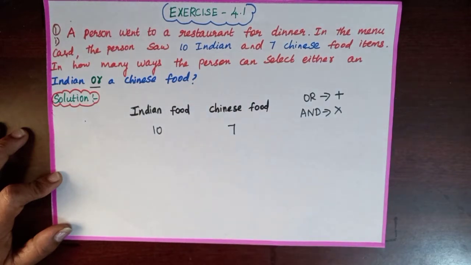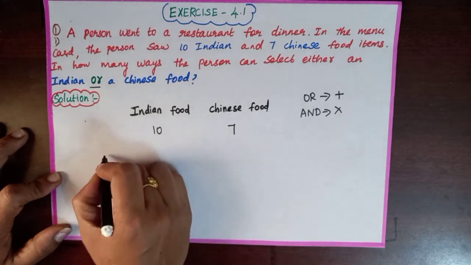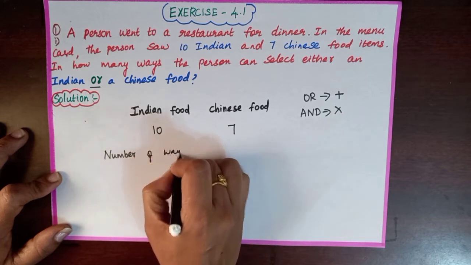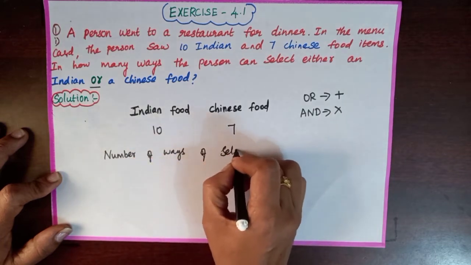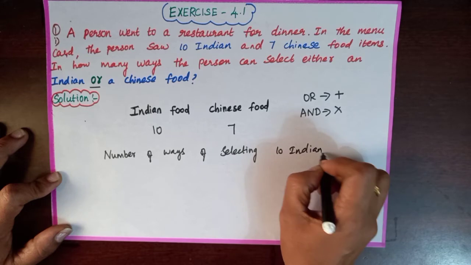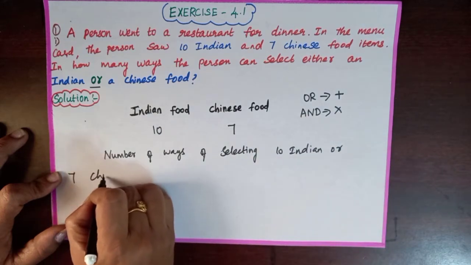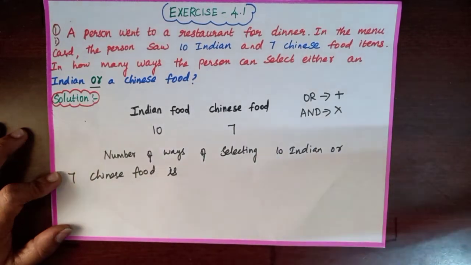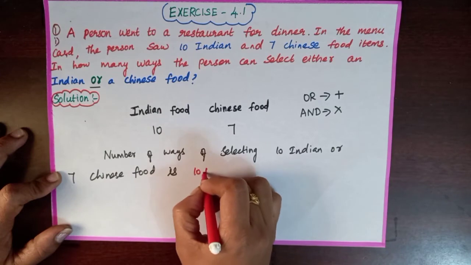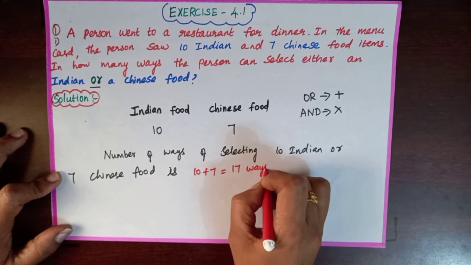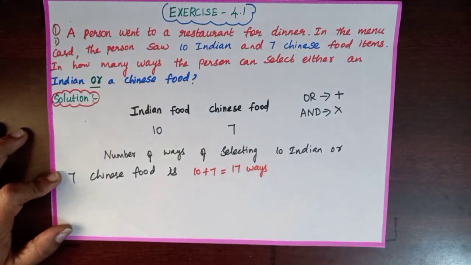By the sum rule, the number of ways of selecting 10 Indian or 7 Chinese food is 10 plus 7, which is equal to 17 ways. 17 ways the person can select either an Indian or a Chinese food.